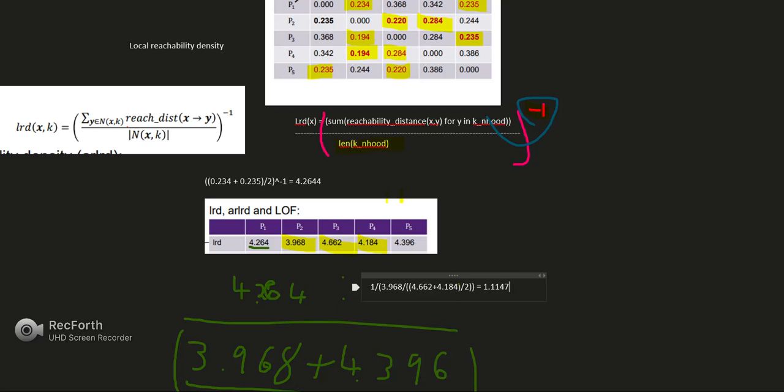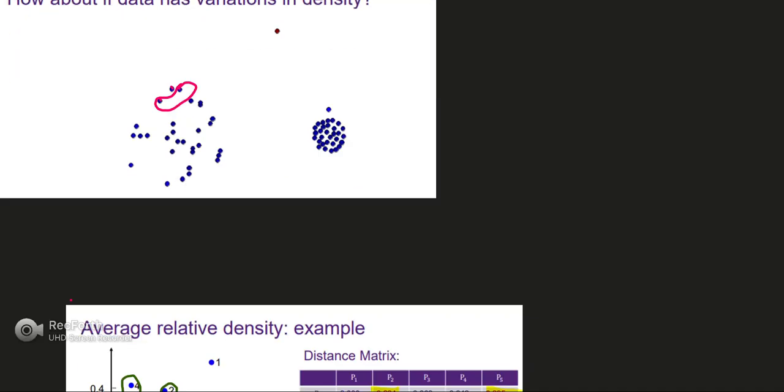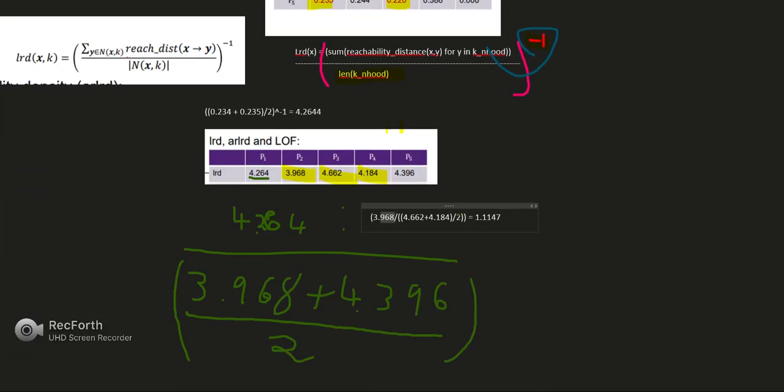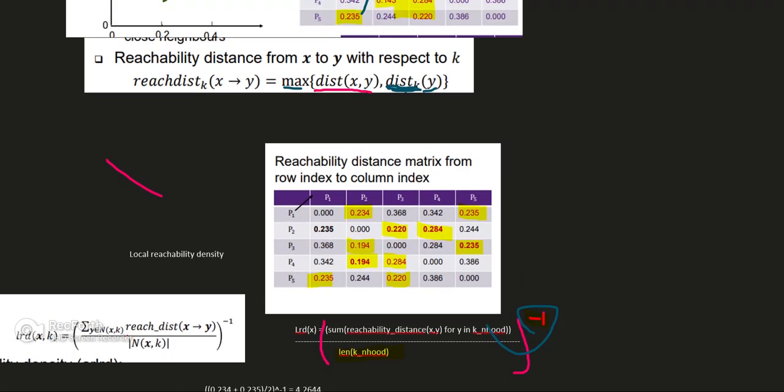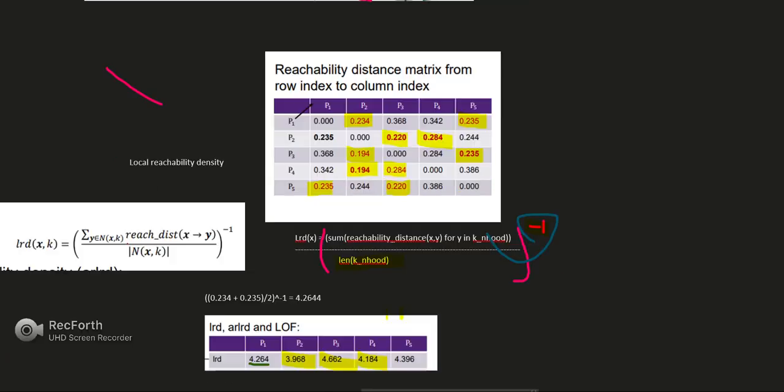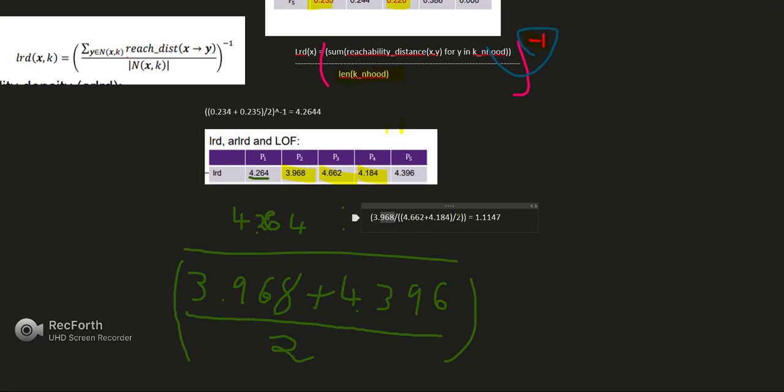Okay? So, let's take this example. We're taking point number 2, and we're taking the two nearest neighbors of 2. So that's 0.220, and those are points 3 and 4.